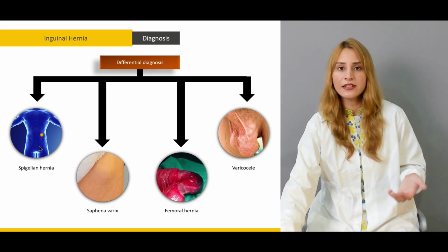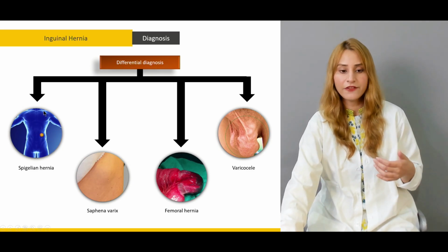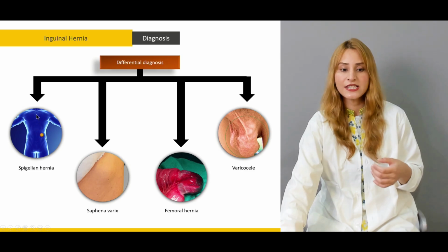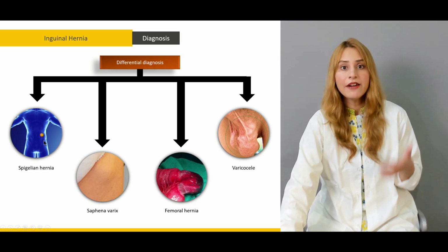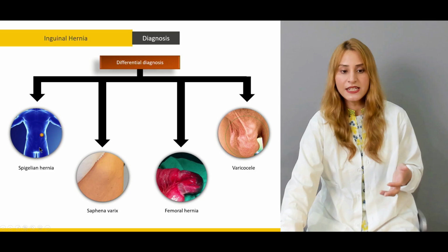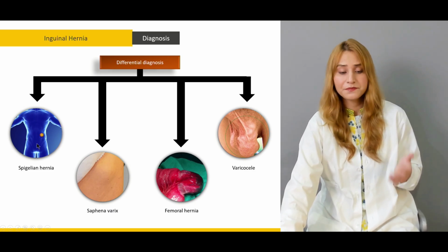The spigelian fascia lies lateral to the rectus border. You can see here the midline raphe, or linea alba, and this is the rectus sheath.